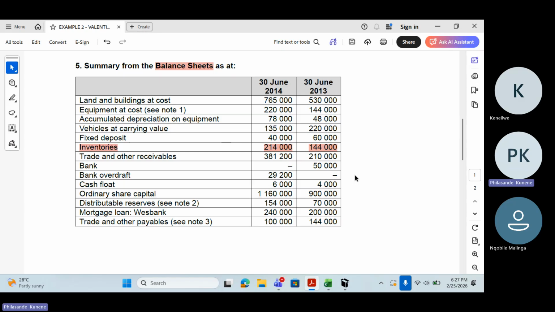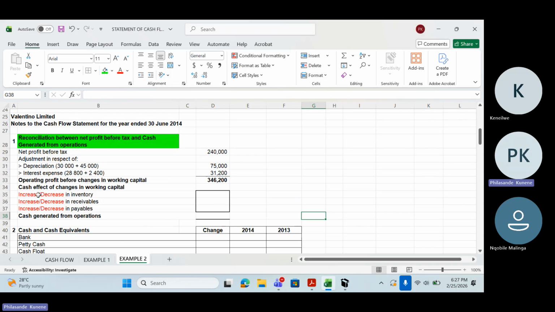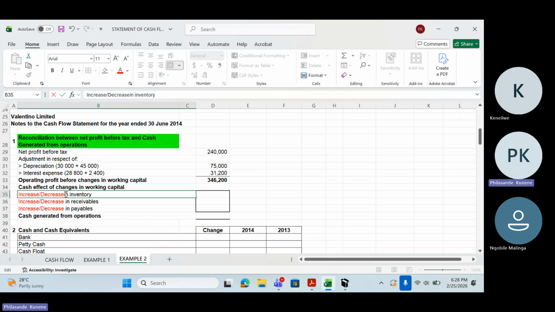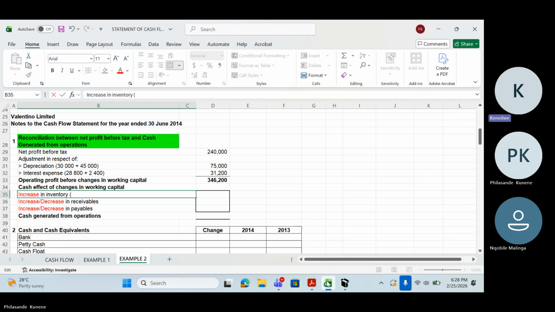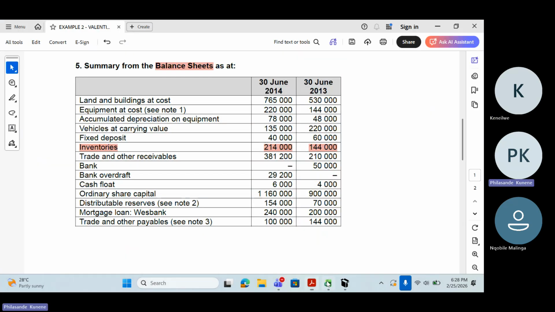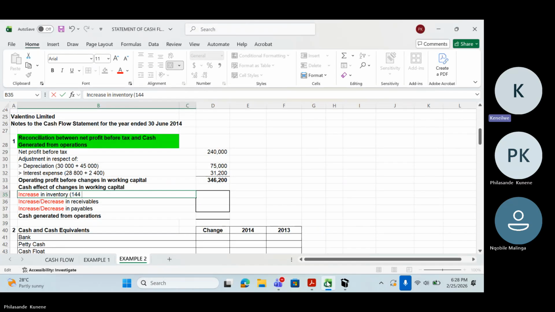If there was an increase in inventory, is that an inflow or an outflow? Outflow, because we bought more inventory, which means we used more cash. Exactly.